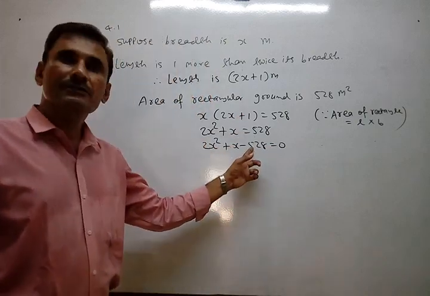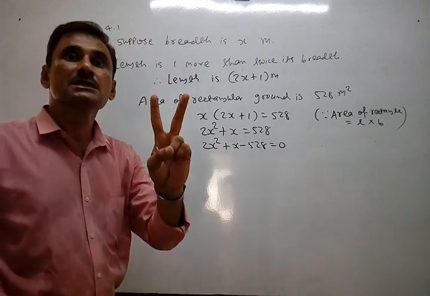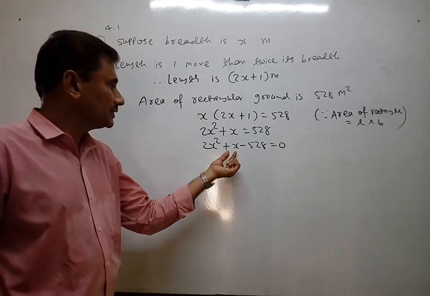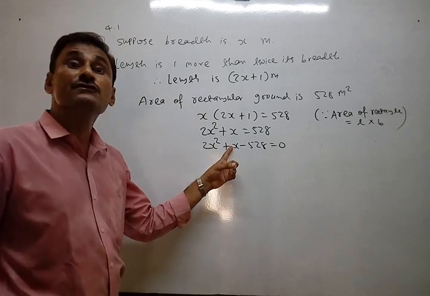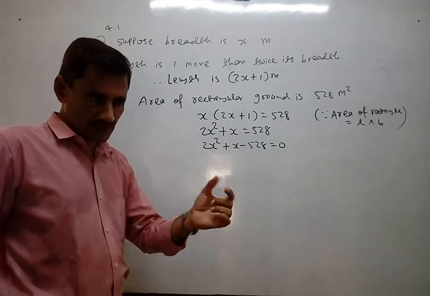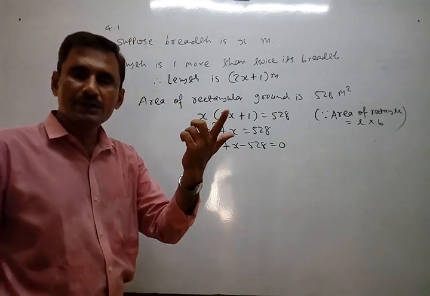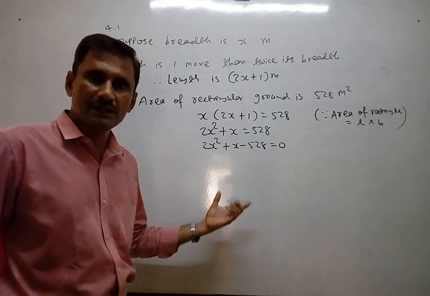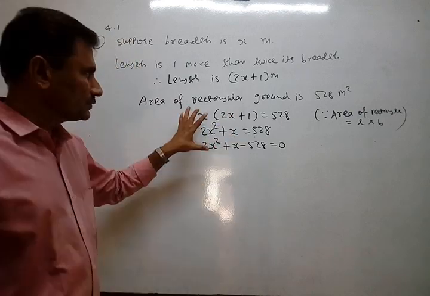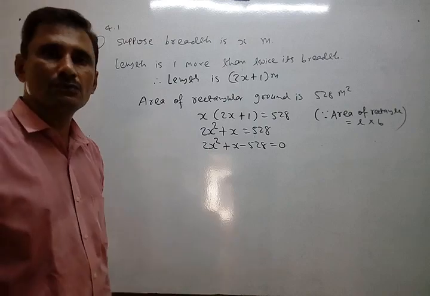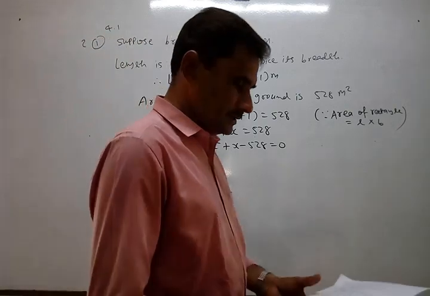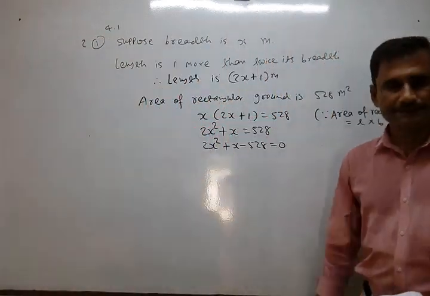Take 2 into 528, get two factors of that number so that the difference is 1, then take common from the first two and last two terms. Just remember that method. If you want, you can solve, but otherwise that is our answer.